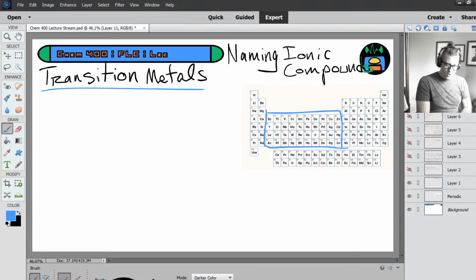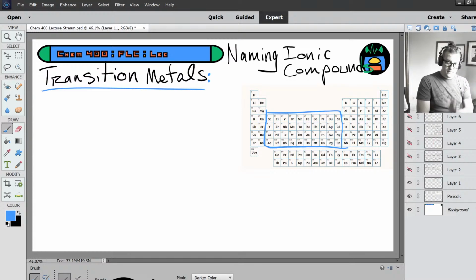And they march to the beat of their own drummer, all right? We've been dealing exclusively with main group ions, and those ions are all very predictable, right? They all want to have the same electron configuration as their nearest noble gas. And so by looking at their position relative to their nearest noble gas, you can determine their ionic charge. The transition metals are not that predictable.